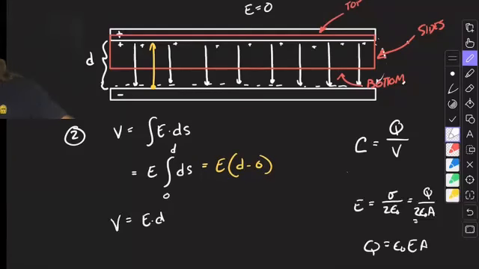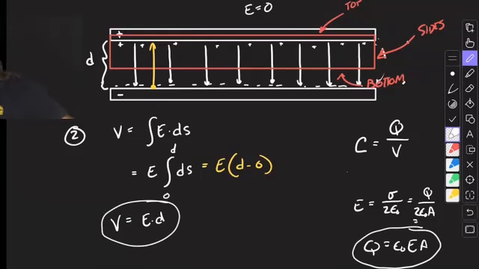Any questions about that? All right, step 1 was to find the charge on the plates in terms of the electric field. Step 2 was to find the electric potential in terms of the electric field. Step 3 is just to calculate the capacitance.